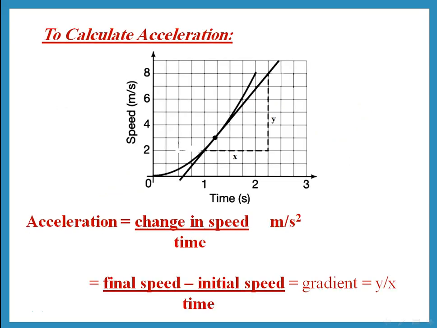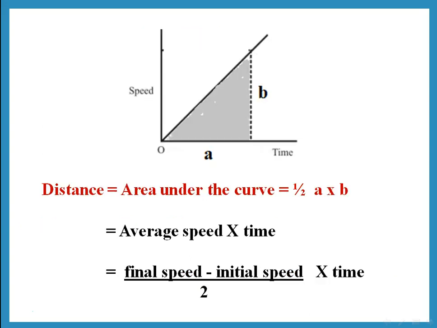And of course, if I have a speed time graph, to calculate the acceleration, the acceleration is the change in speed over the time. So that will be the slope of that graph. Calculating the slope, or final speed minus initial speed over the time taken, will give me the gradient, and that will be used to calculate the acceleration of the object.